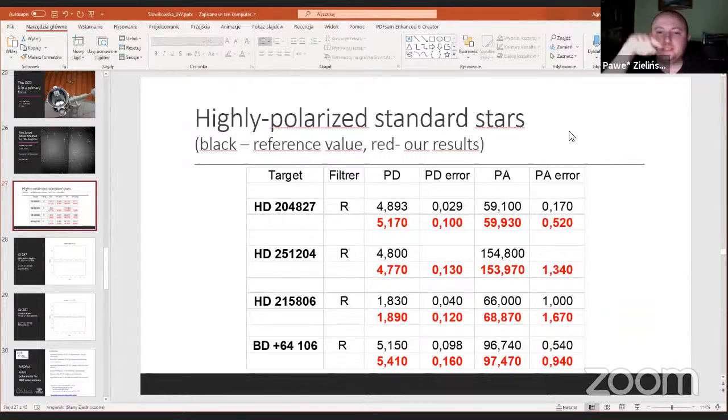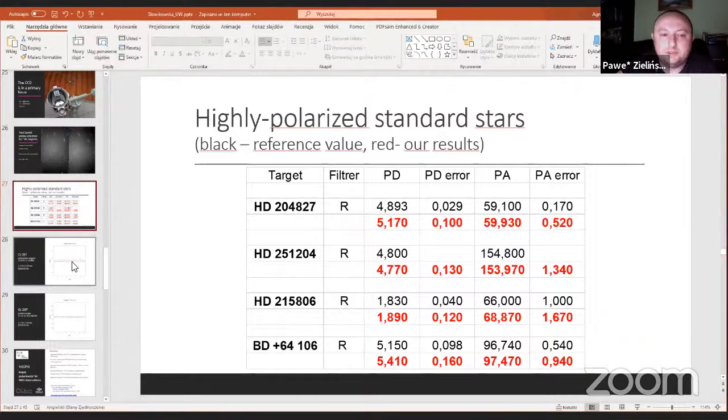And what is interesting here is that the error of the polarization degree is on the order of 0.1, 0.2, let's say. It's pretty decent. So this is for the Savart plates. This is really nice because the method is simple and the instrument is very simple. So even in Polish weather conditions, it is possible to get really nice precision.